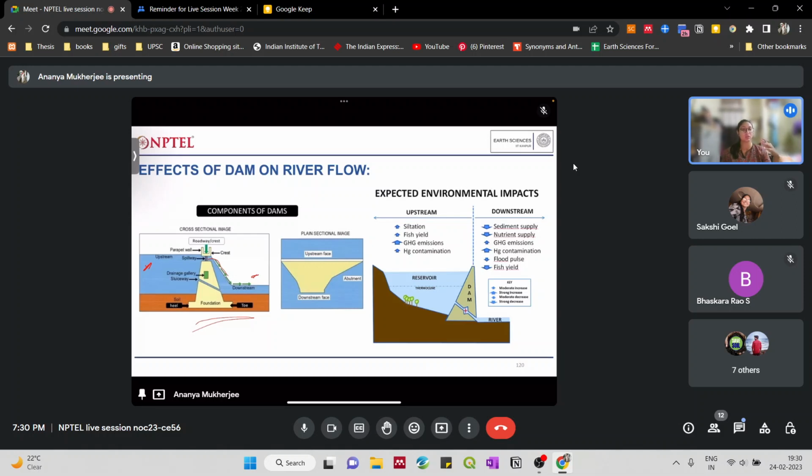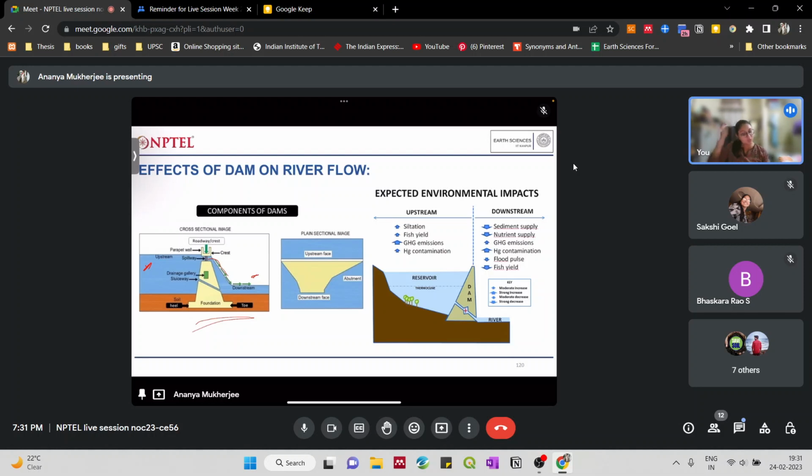So these are some of the issues with building dams. We created dams to restrict flooding and to help supply water to remote areas, but there are also negative impacts.